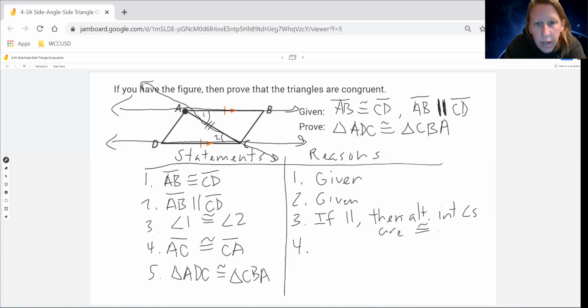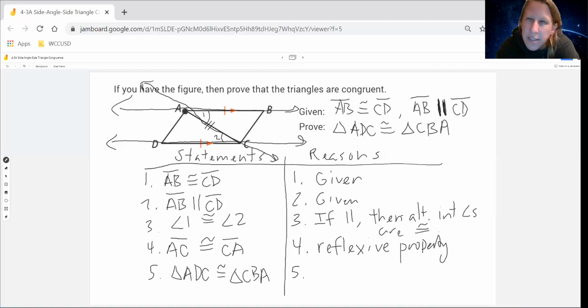The reason for that is a property called the reflexive property. This is a really common one anytime you have two shapes stuck together and you want to say that they're congruent. Reflexive property is a good one to use. It's essentially the idea that A is the same as A.